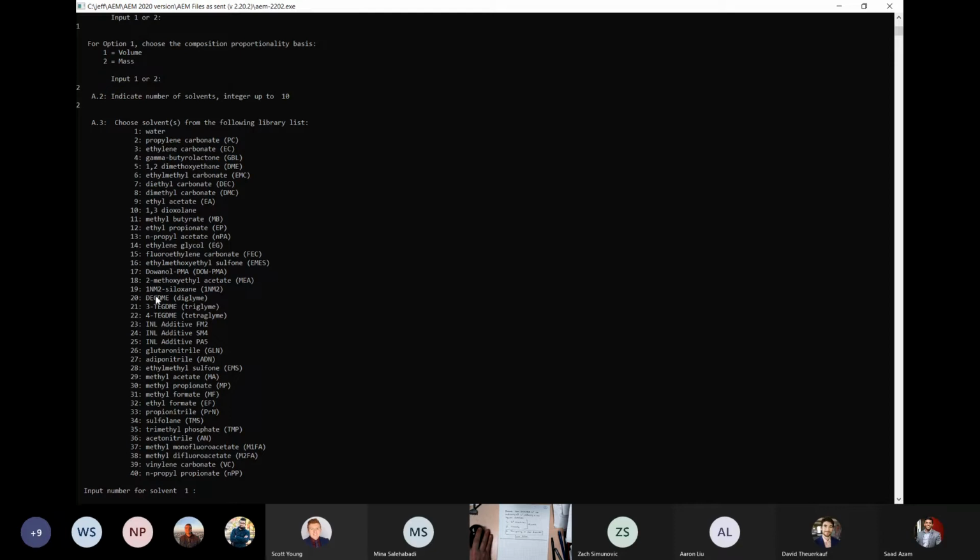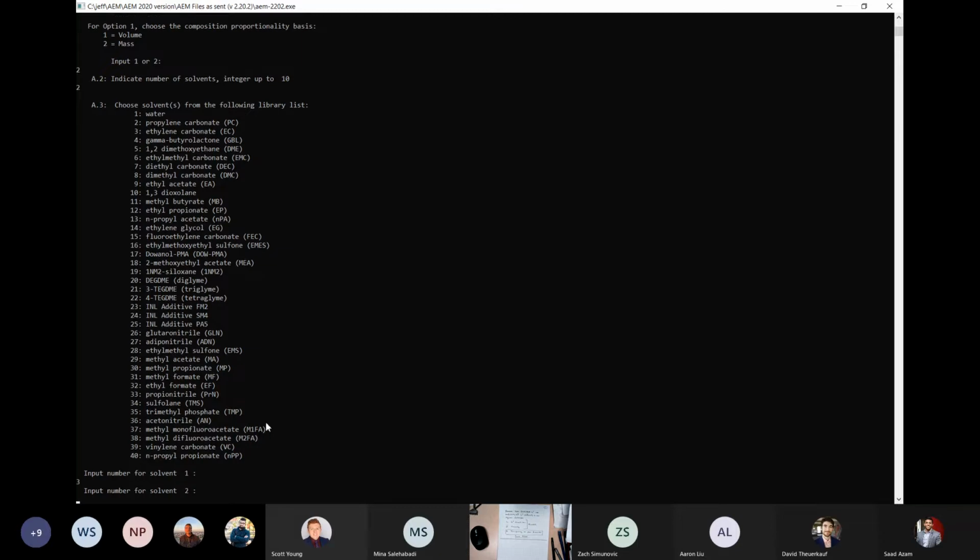Lots of different solvents that people use, right? So you can really make a fairly complicated electrolyte blend. Here's fluoroethylene carbonate, propylene carbonate, lots of things. So we'll pick ethylene carbonate, which is solvent 3. And we'll pick dimethyl carbonate, which is solvent 8.